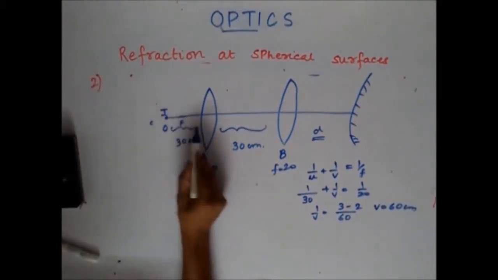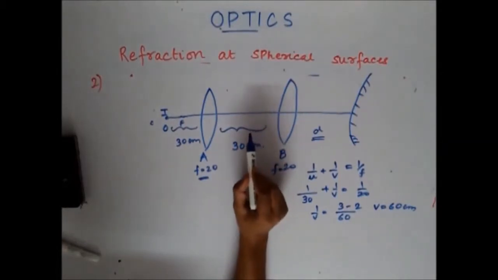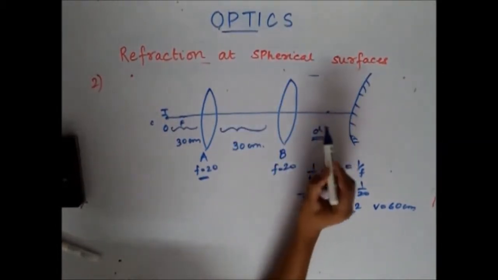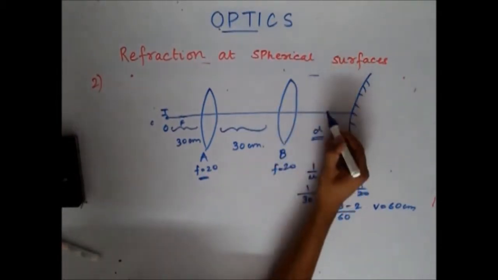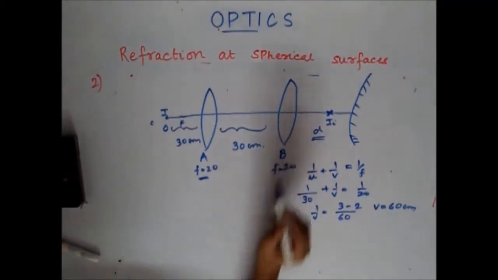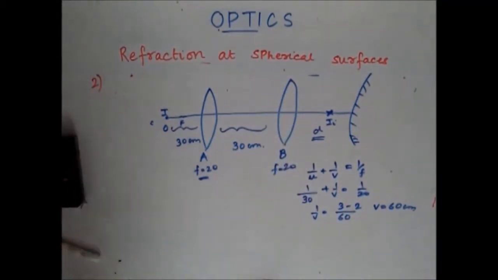So this forms an image at a distance of 60 centimeter. That means here, this is the intermediate position of the image. Now let's see where this lens forms an image.